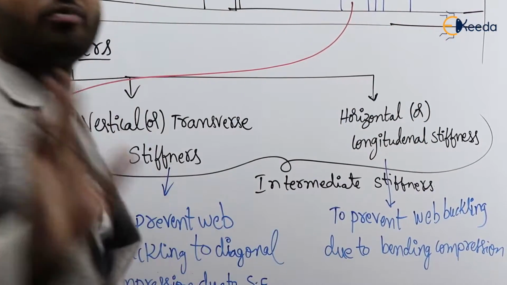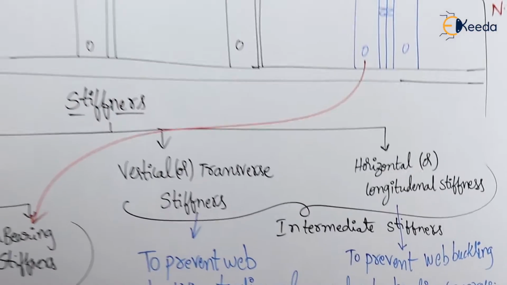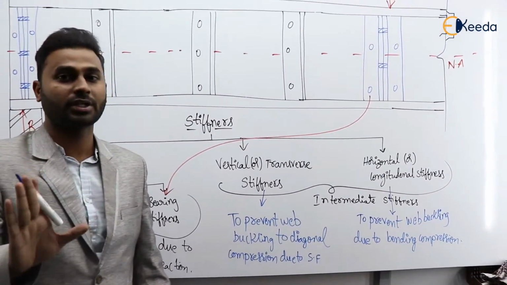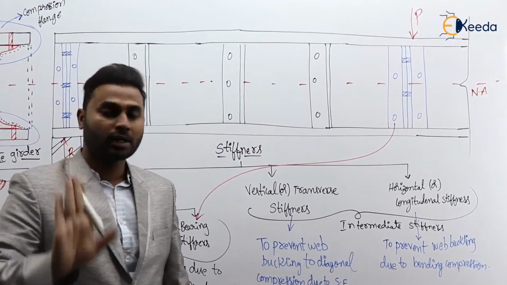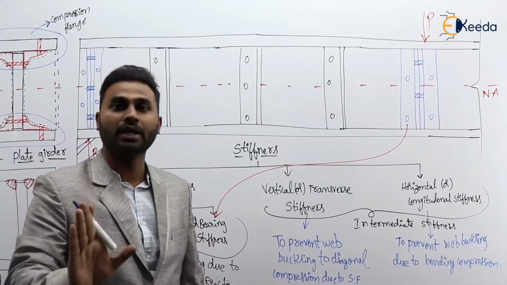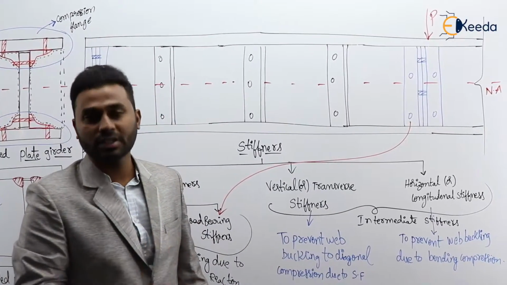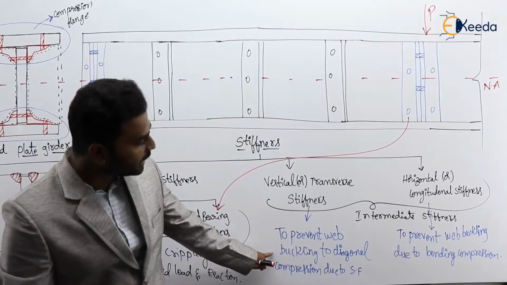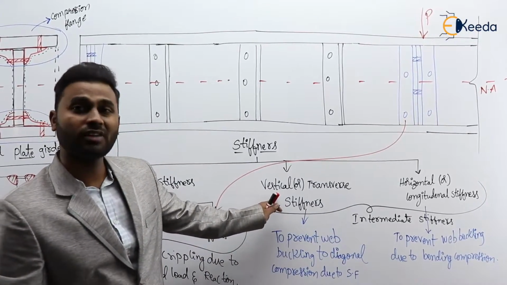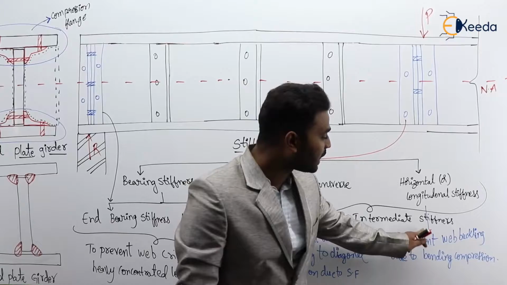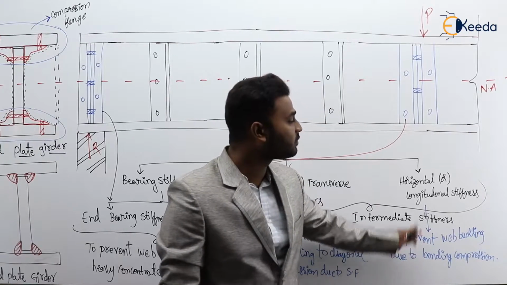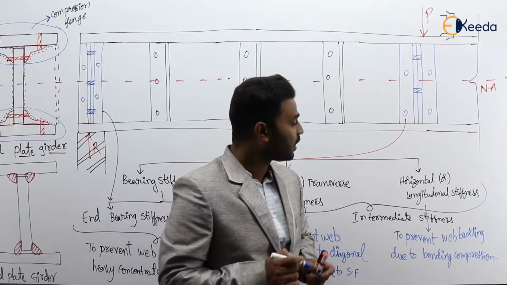Whatever may be the type of compression, be it bending compression, diagonal compression, or axial compression, it causes buckling. To prevent that buckling, we provide these stiffeners. To prevent web buckling due to diagonal compression, we provide transverse or vertical stiffeners. To prevent web buckling due to bending compression, we provide horizontal or longitudinal stiffeners.